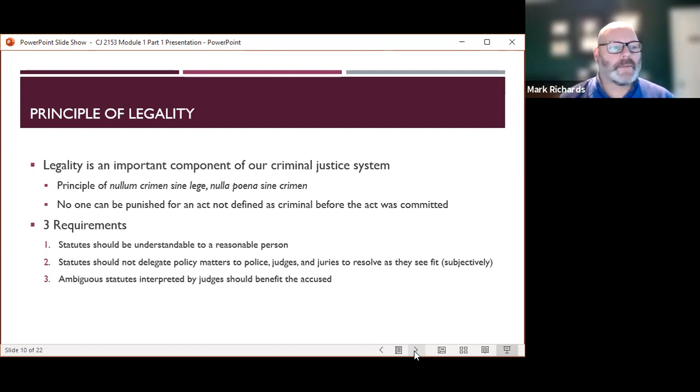There are 3 requirements: that the statute should be understandable to a reasonable person. The statute should not delegate policy matters to the police, judges, and juries to resolve as they see fit. There should not be an area of subjectivity given to the proceedings. And ambiguous statutes interpreted by judges should always benefit the accused.